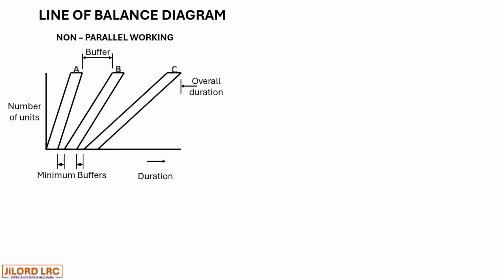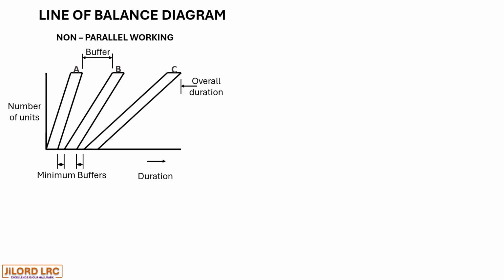The number of units for the project is on the vertical axis, and the duration in terms of time in days, weeks, or months is represented on the horizontal axis.